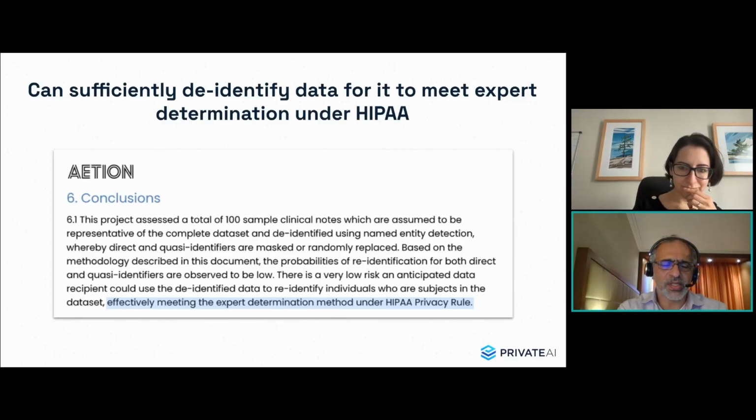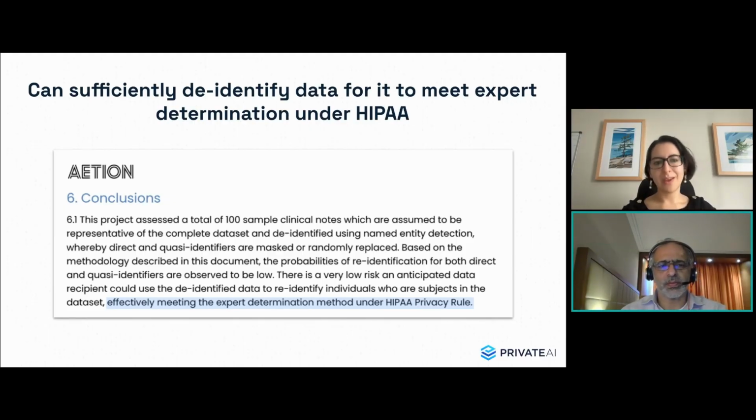Multiple tools were evaluated, and the assessment demonstrated that the Private AI technology was quite a bit superior to alternatives that were available at that time for the particular project. And this was not a long time ago, it was relatively recent. So that's a completely independent assessment of the technology for the de-identification of clinical documents.